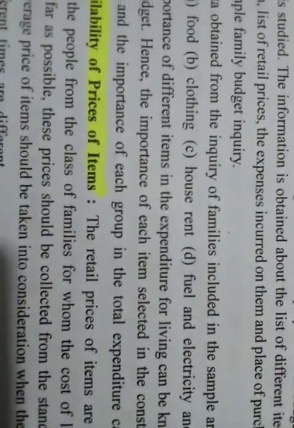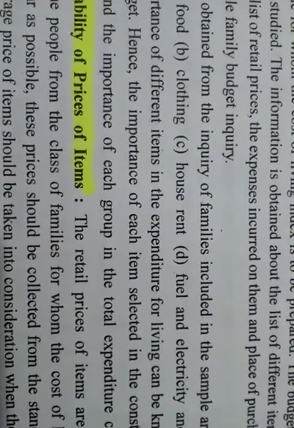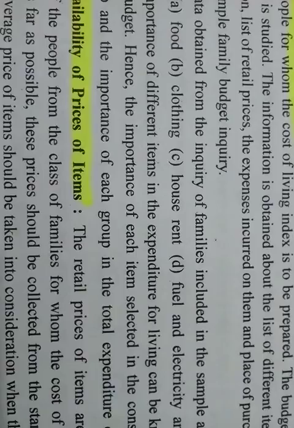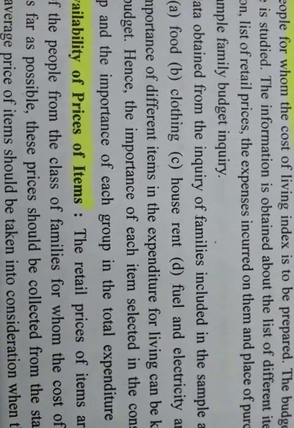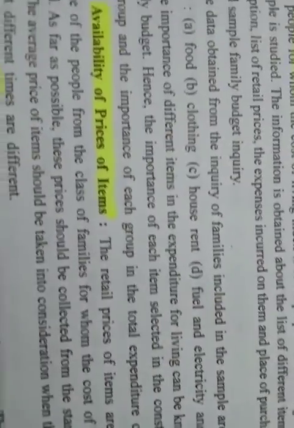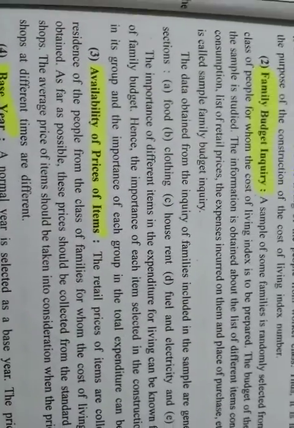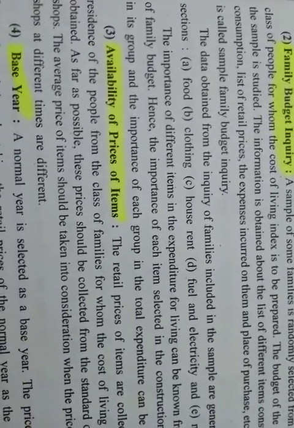So these are the five heads of expenses or cost: food, clothing, house rent, fuel, and miscellaneous items. So we have to consider these five factors when we talk about the family budget inquiry.